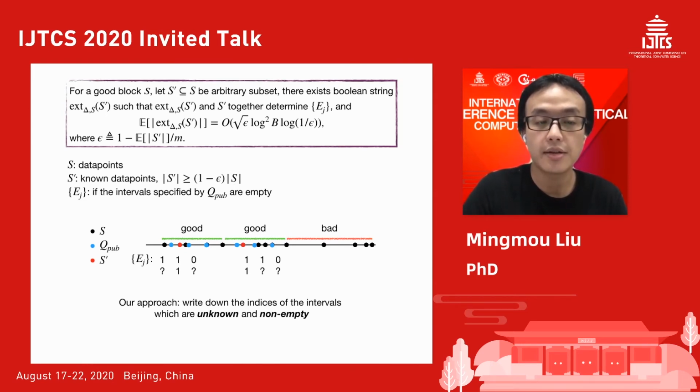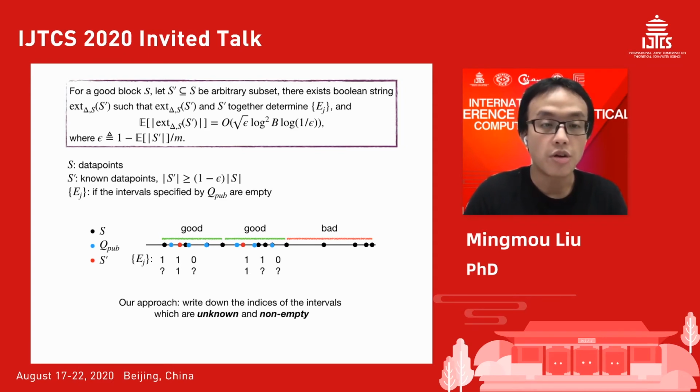On the other hand, given the cells which are not probed by QPub, we can recover at least 1 minus epsilon fraction of data points. Consequently, we know a fraction of non-empty intervals.